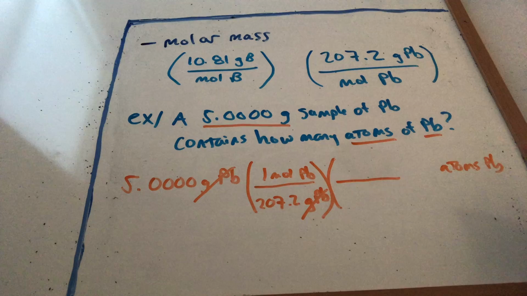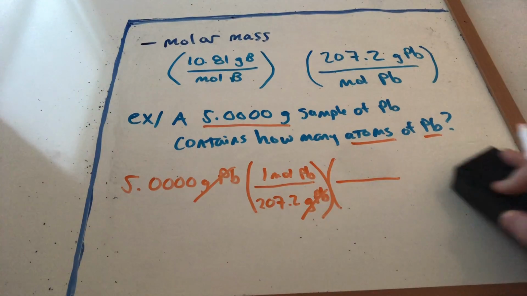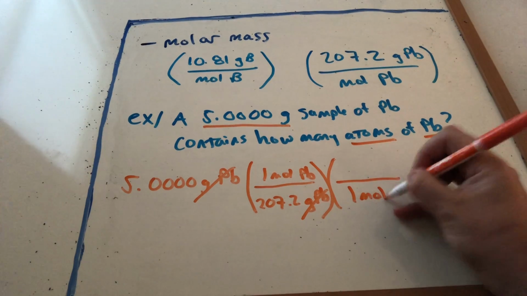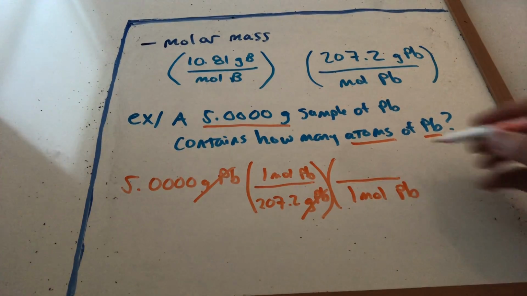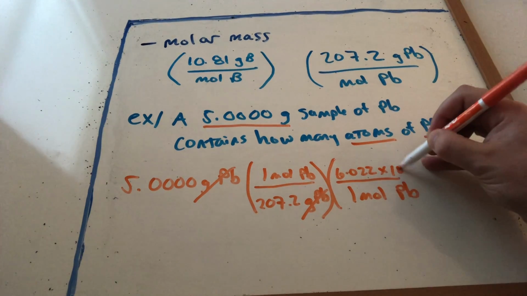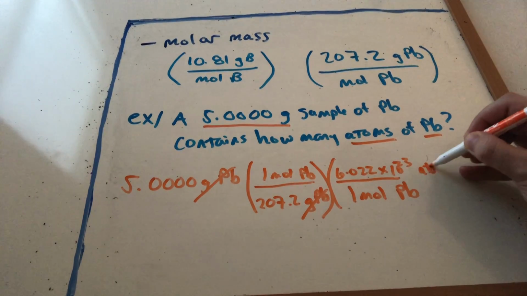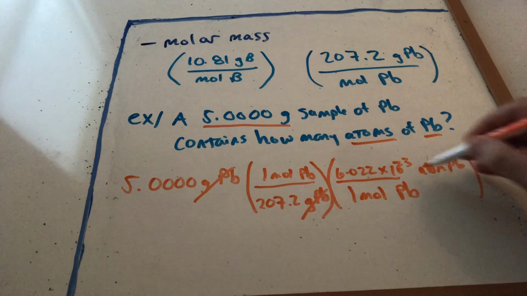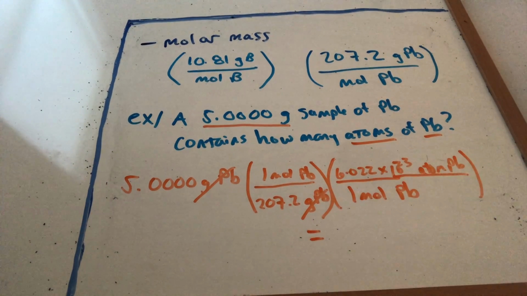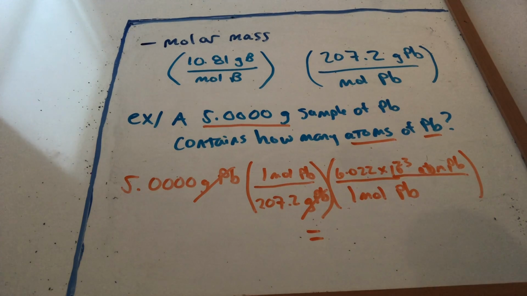After today's video, you guys will know that if I ever want to count anything, 1 mole of anything, in this case, 1 mole of lead, is 6.022 times 10 to the 23rd atoms of lead. It's a grouping of that many atoms. And so I can plug this into my calculator and we can do math, but hopefully you can see the setup and the feel of the problem is familiar.